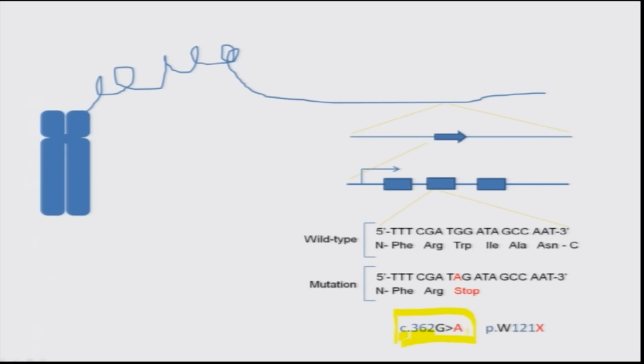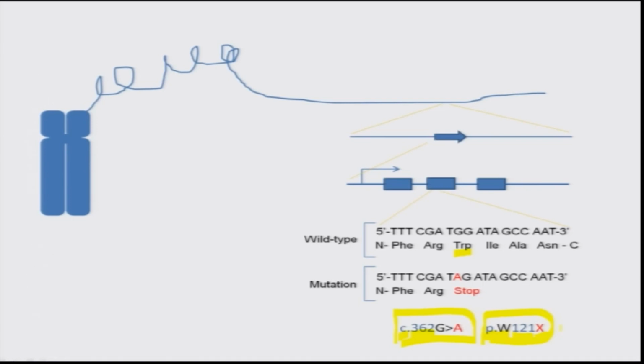Now, this nomenclature is for the protein, because that is denoted by the letter P, which stands for protein. Here this tryptophan, which is the residue 121 in the protein, is replaced by a codon for terminating the synthesis, that is, a stop codon.